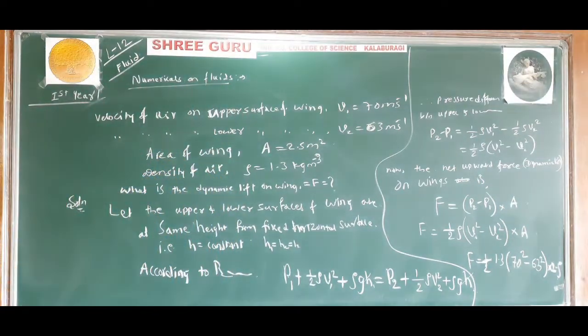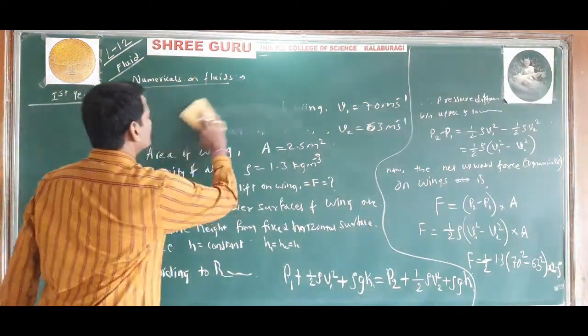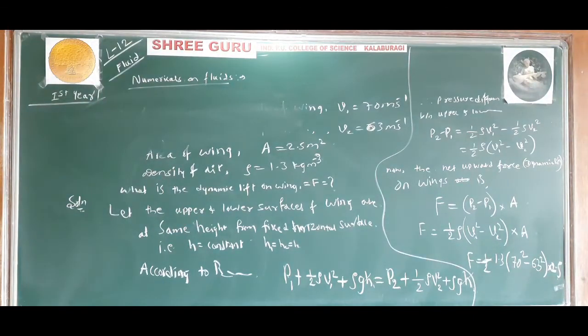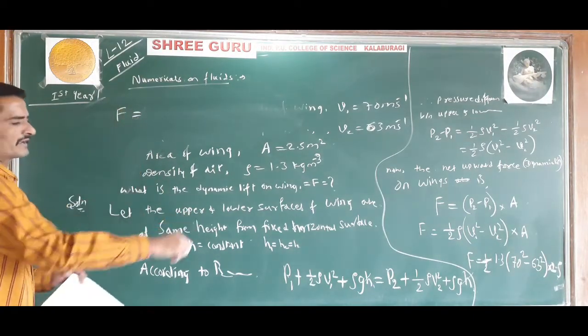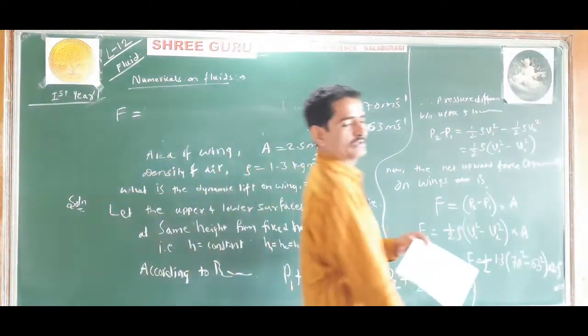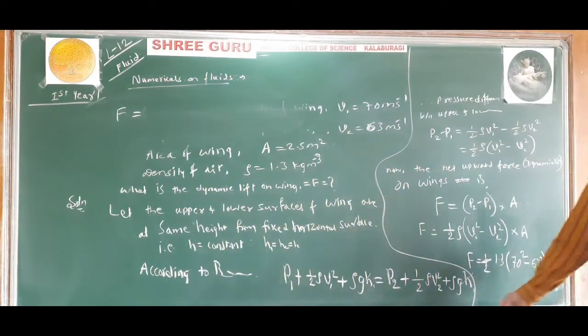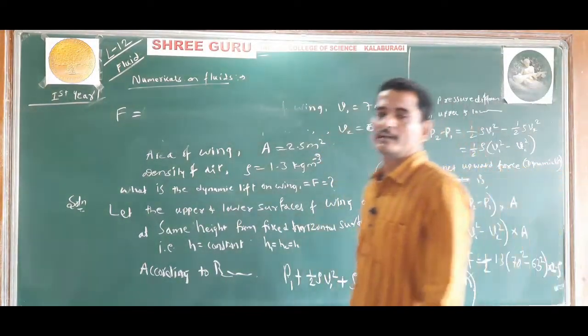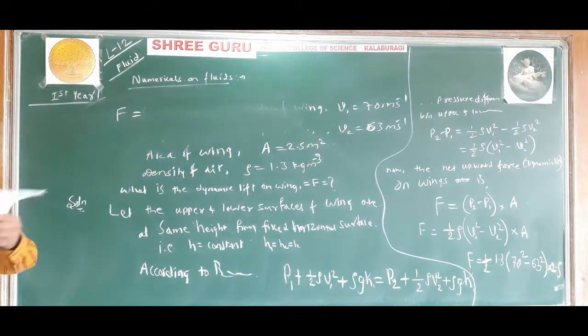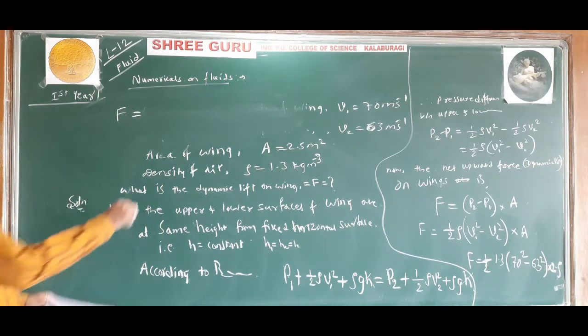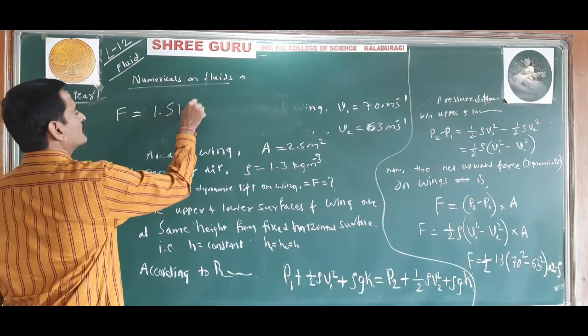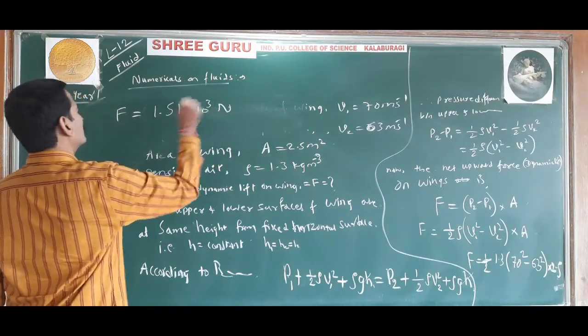So you only do the calculation, I will write the answer here. Small calculator is allowed. You can use the small calculator and do the calculation on your own. The answer will come out to be F is equal to 1.51 into 10 to the power 3 Newton.